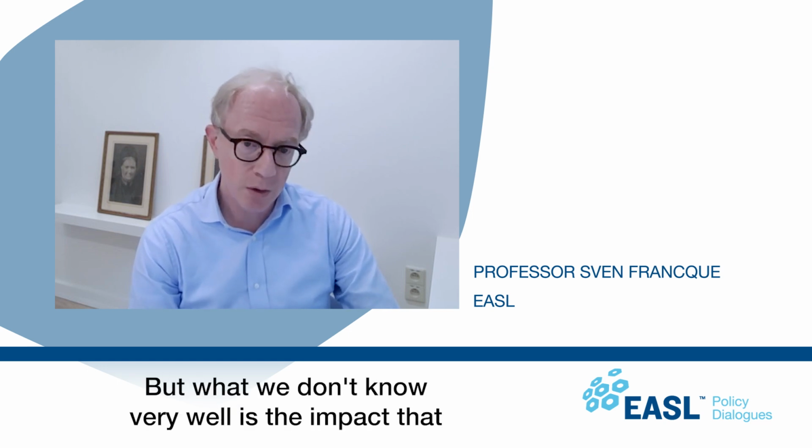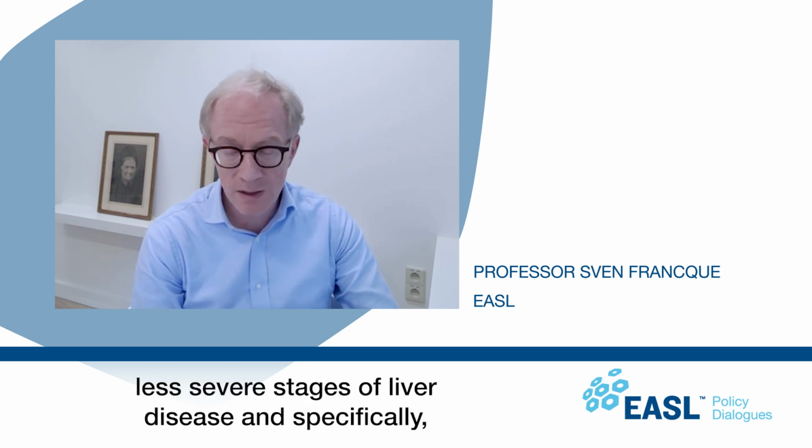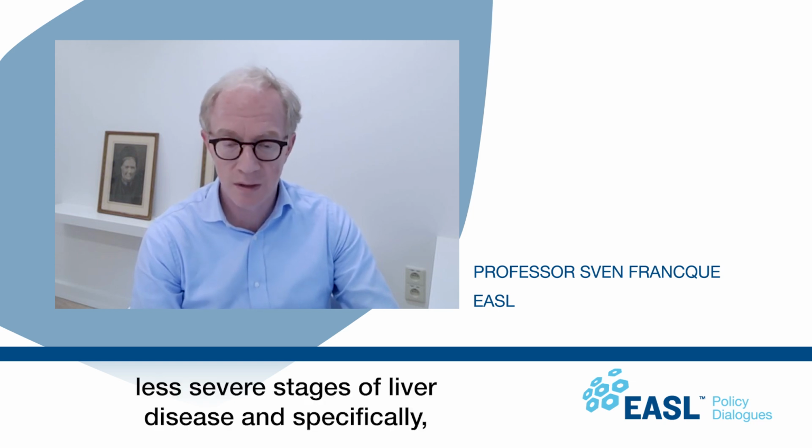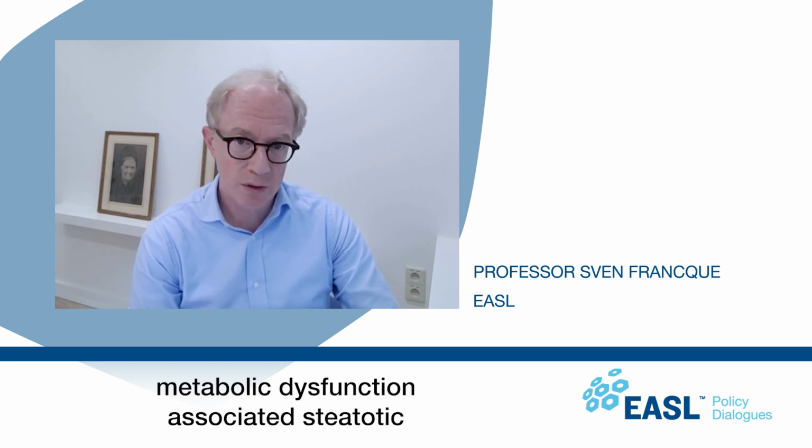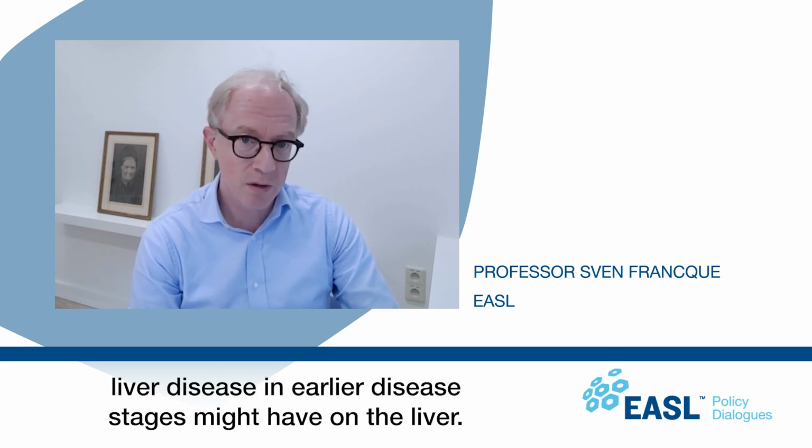But what we don't know very well is the impact that less severe stages of liver disease, and specifically metabolic dysfunction associated steatotic liver disease in earlier disease stages, might have on the brain.